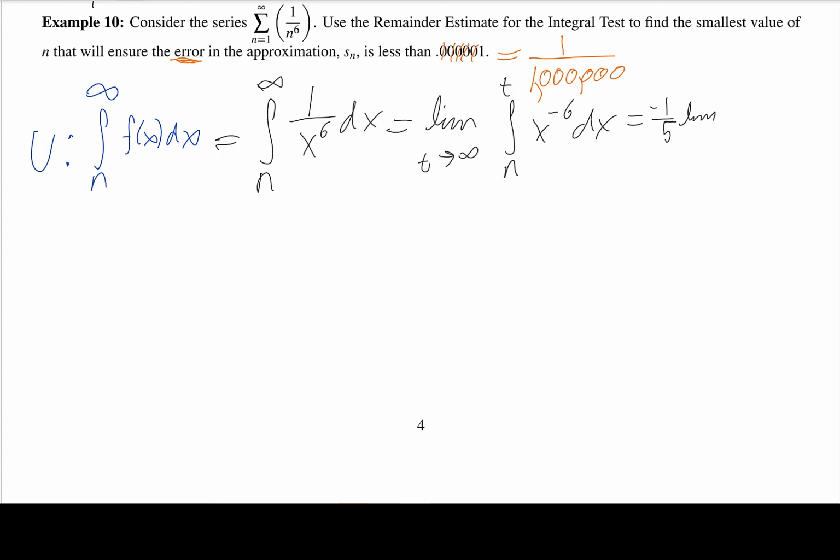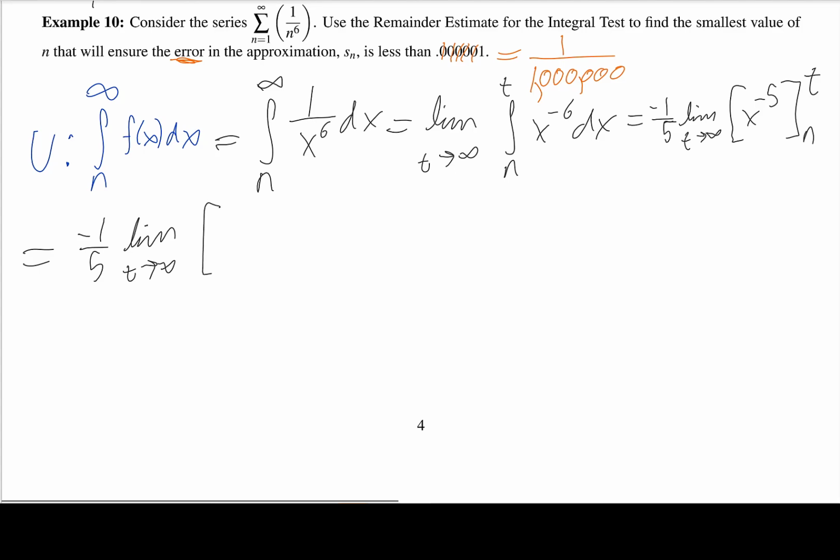times the limit as t goes to infinity of the integral. So I integrated x to the negative 6. That'll give us negative 5x to the negative 5. So we'll have x to the negative 5 evaluated from n to t. And so this becomes negative 1/5 limit as t goes to infinity of t to the negative 5th minus n to the negative 5th.